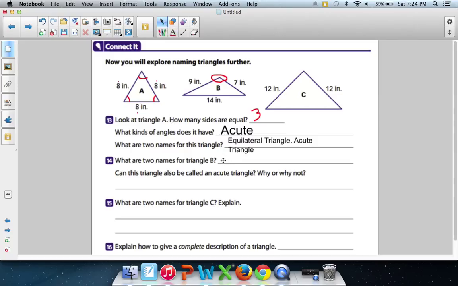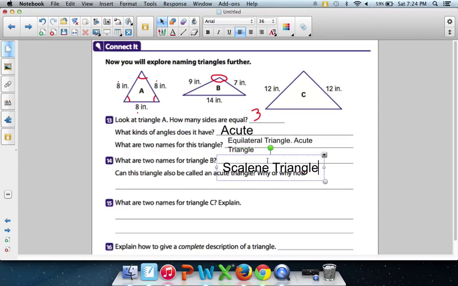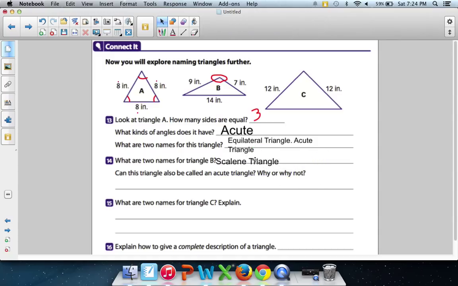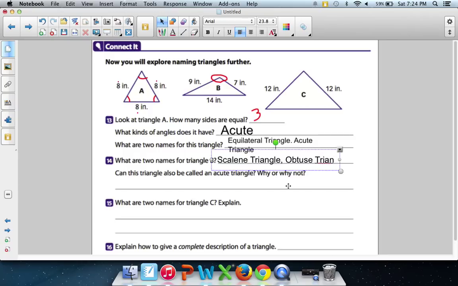When nothing is the same, you call that a scalene triangle. So that's the name it has for its sides. What about the name that it gets for its angle? It has one big fat obtuse angle. Well, if it has an obtuse angle, you call it an obtuse triangle.